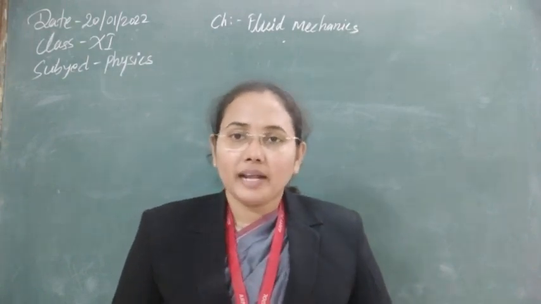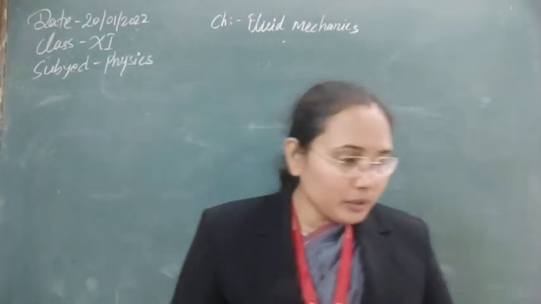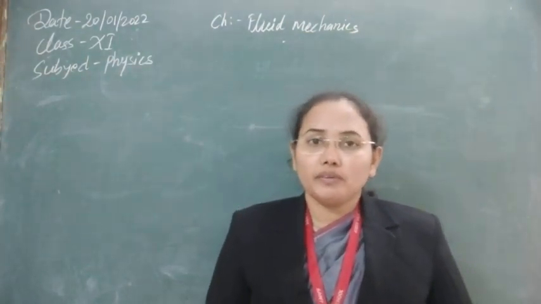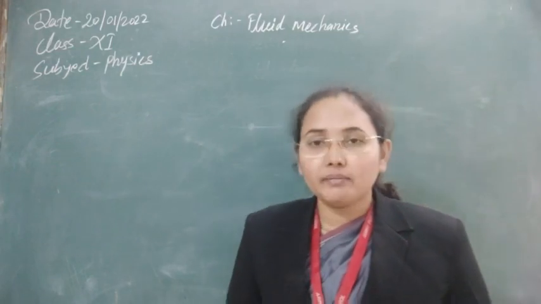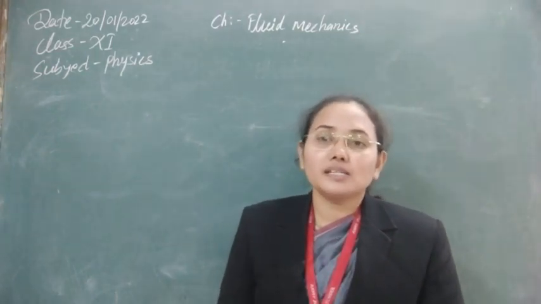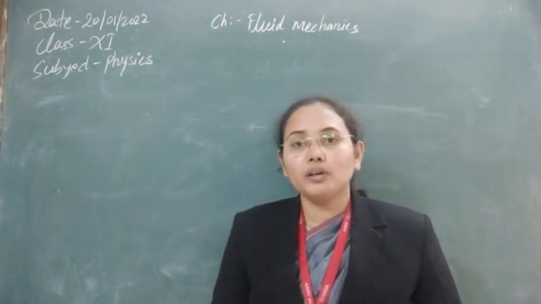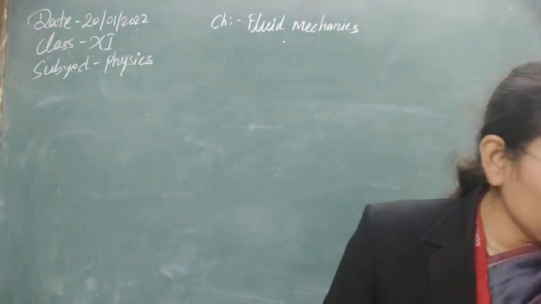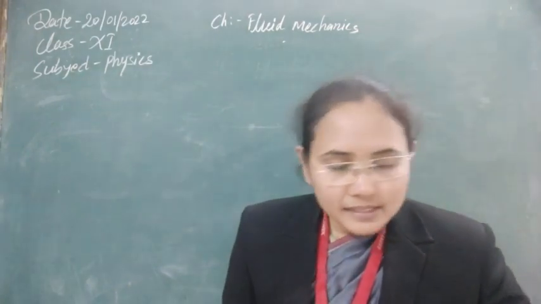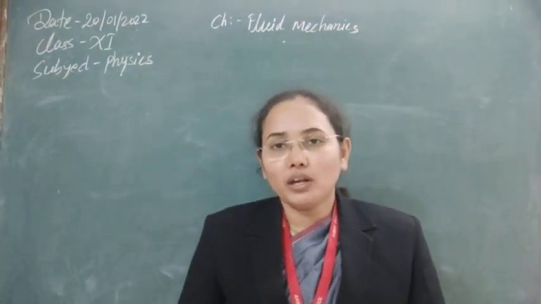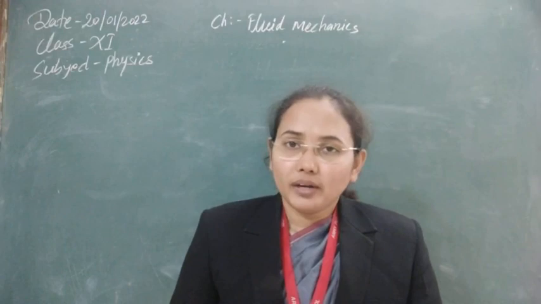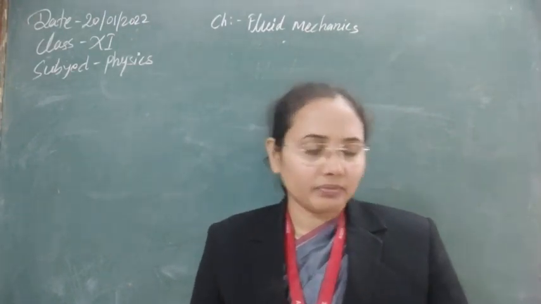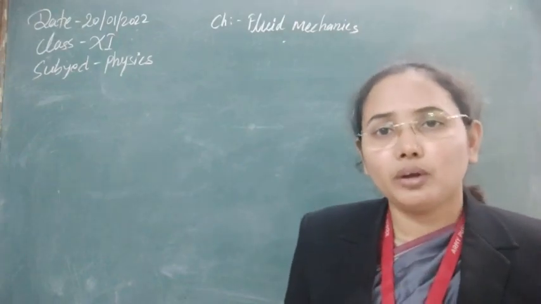Whether the angle of contact is obtuse or acute gives us information about whether the liquid will spread on the surface on which it is poured. If the angle is obtuse, meaning greater than 90 degrees, then it will not wet the surface. But if the contact angle is less than 90 degrees, then it will wet the surface. So this is our concept of angle of contact.